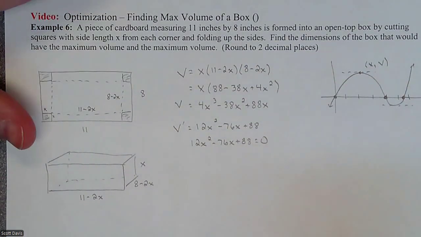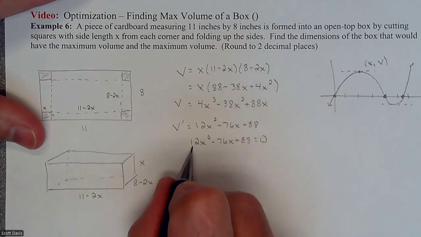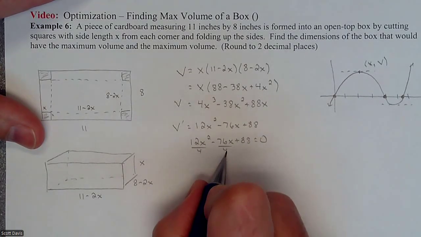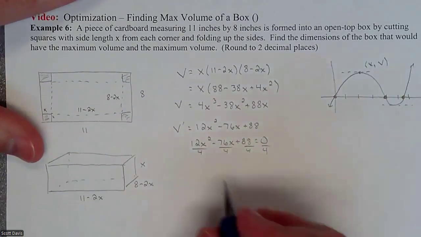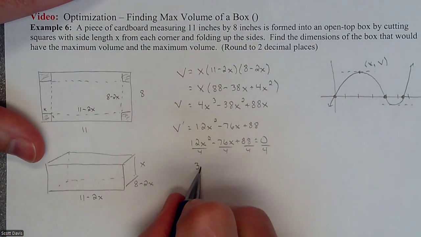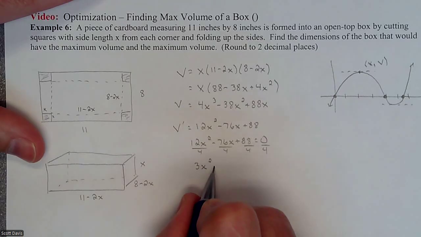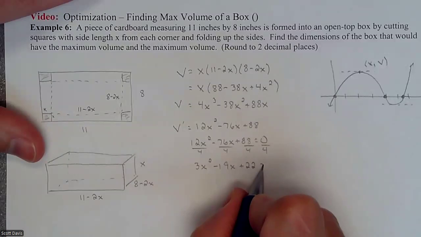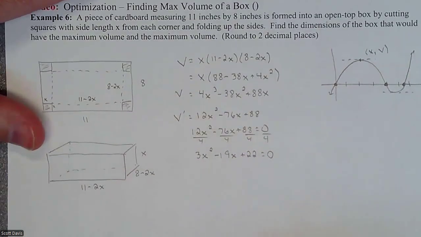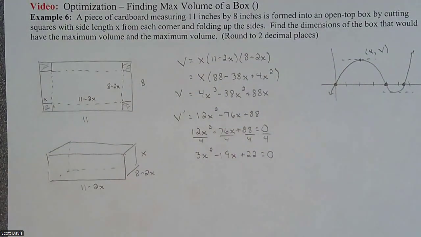I'm going to try to help my own cause here. I can divide a 4 out of every single piece, as long as I'm dividing it by everything. So that's going to get us 3x squared minus 19x plus 22 equals 0. I was really hoping to find if this thing factors.